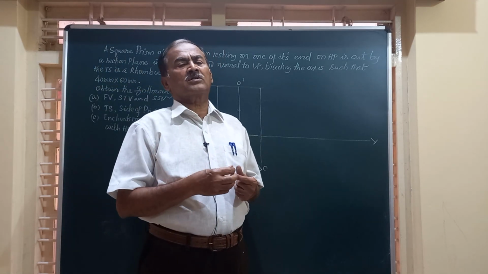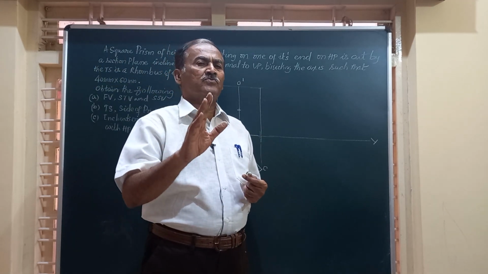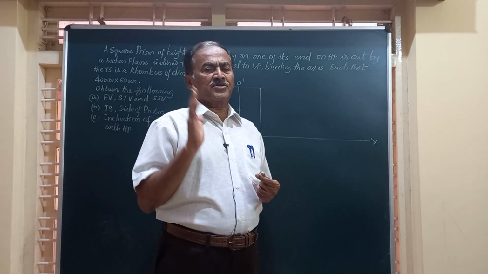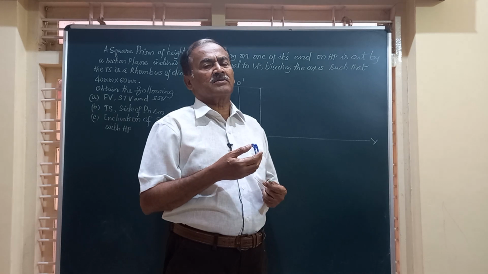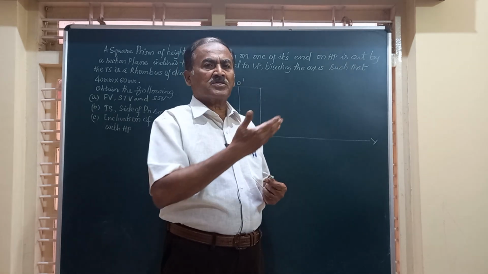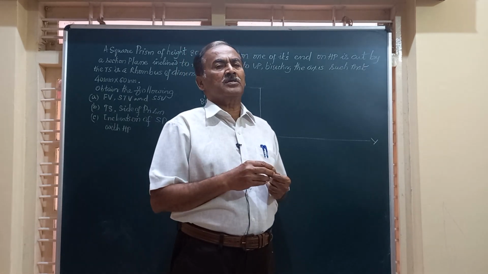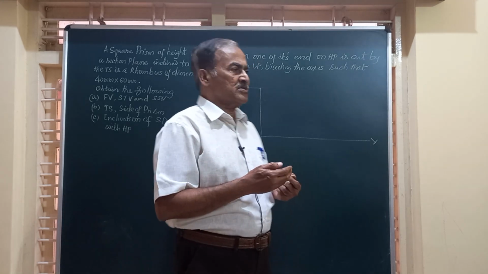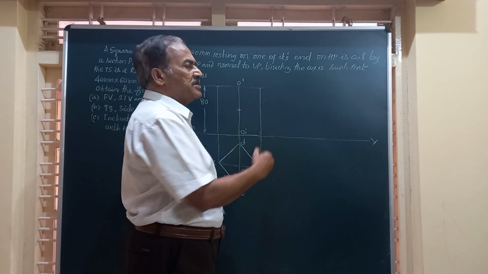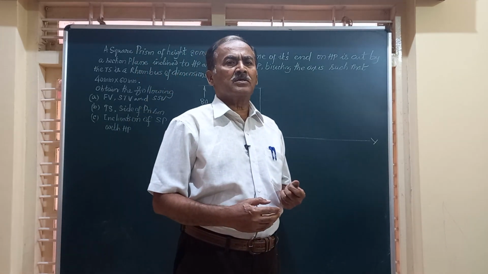Friends, first of all, you have to place the object correctly on HP such that when it is cut by a section plane, the true shape of the section we get is going to be a rhombus. If you hold this with one of the sides perpendicular to VP, what happens?